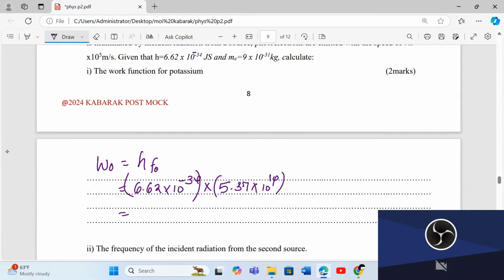And this will lead us to 3.55 times 10 raised to power negative 19 joules.